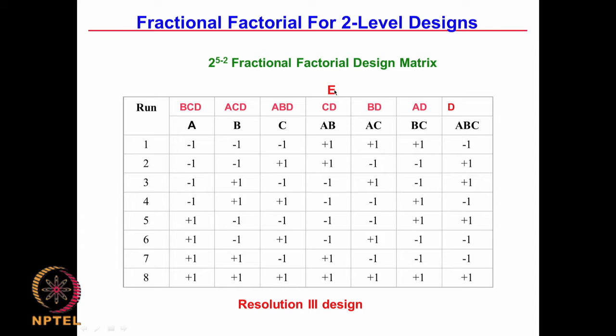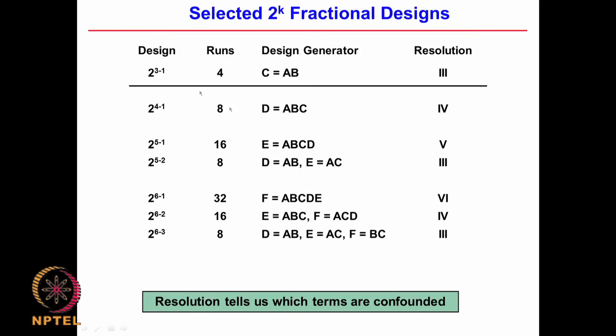We have main effects confounded with 2-way interactions, okay, which is called a resolution 3 design, because E is equal to CD, right, or E equal to AB, that is called a resolution 3 design, which is generally not liked. Resolution 4 designs are okay, but resolution 3 designs are not okay, because you find a lot of confounding.